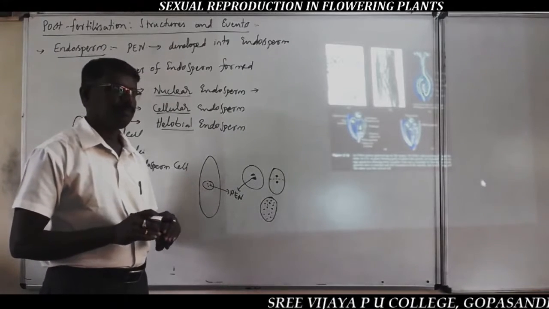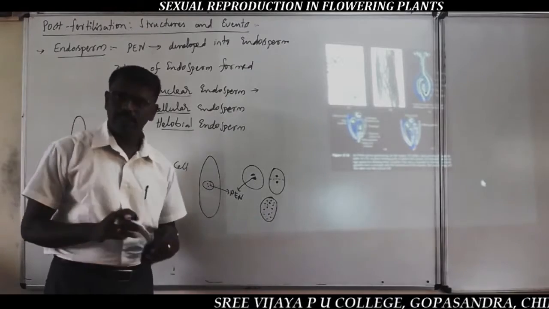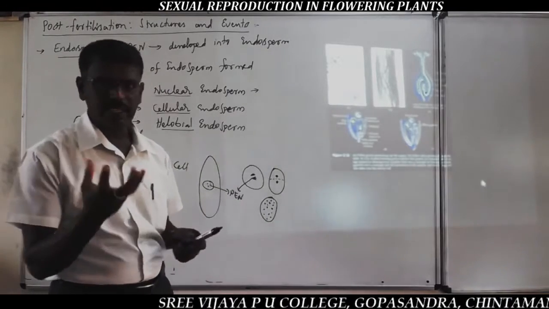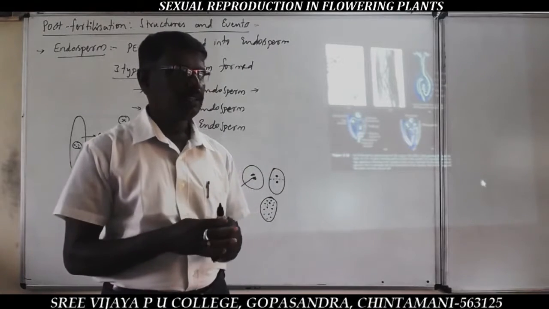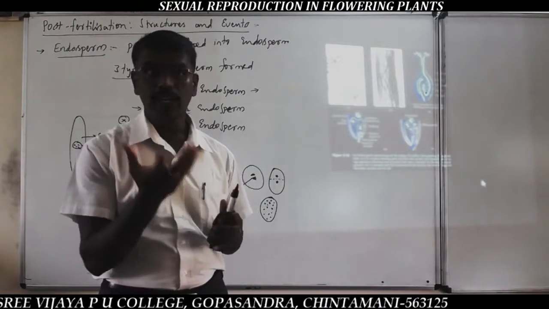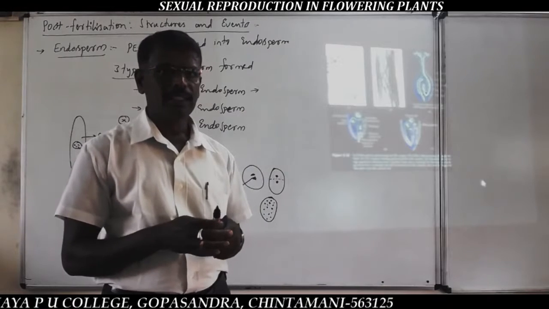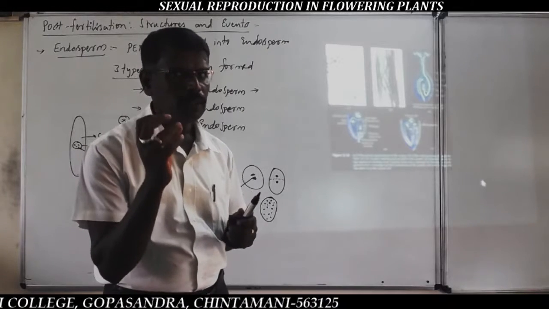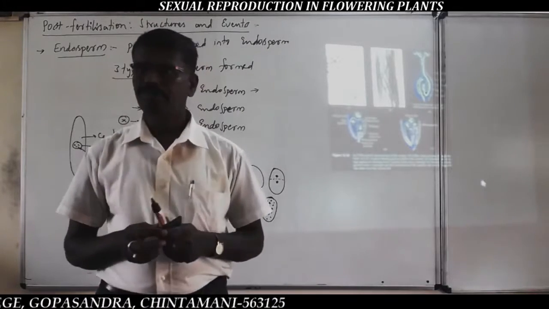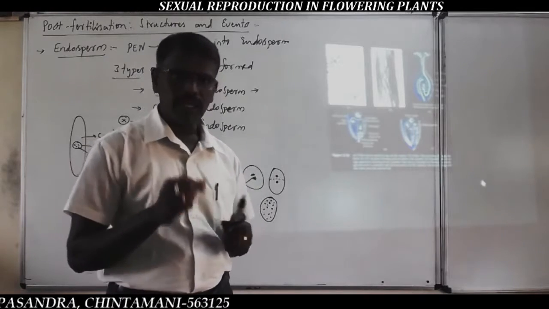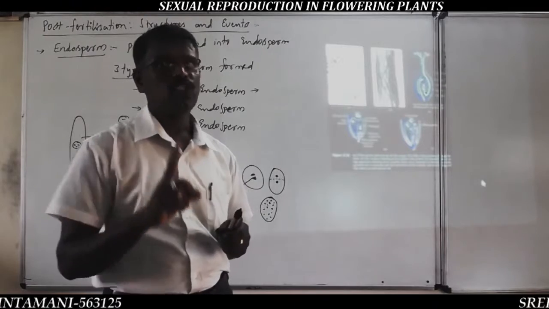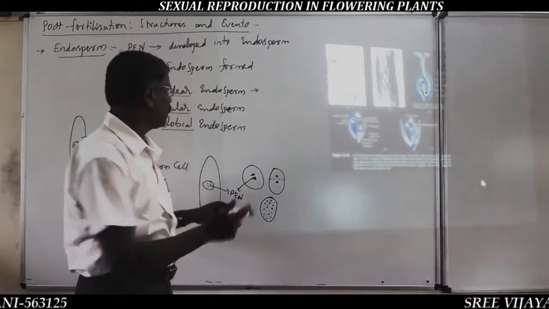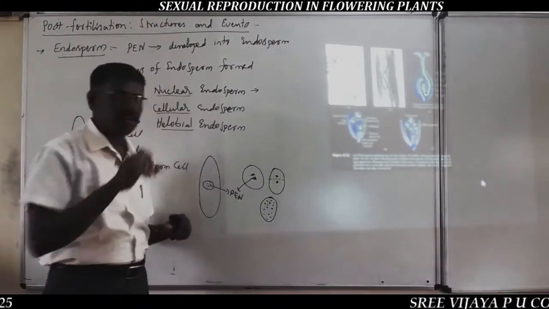The best example for this is tender coconut. The tender coconut water contains multinucleate endosperm, a number of nuclei without cross walls, hence it is the best example for nuclear endosperm.